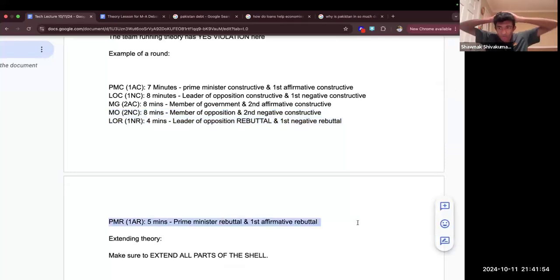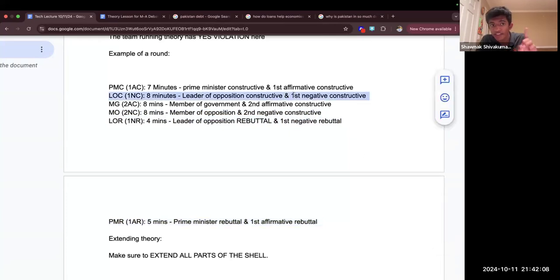Then the PMR realizes how cooked they are. They realize, holy smokes, my partner did not respond to any of this in the MG. And then they start making theory responses. Then it's POO time. POO, this is a new response to a standard. POO, this is a new counterinterpretation. POO, because we brought it up in this LOC. Your chance to respond is in the MG, not in the final speech.